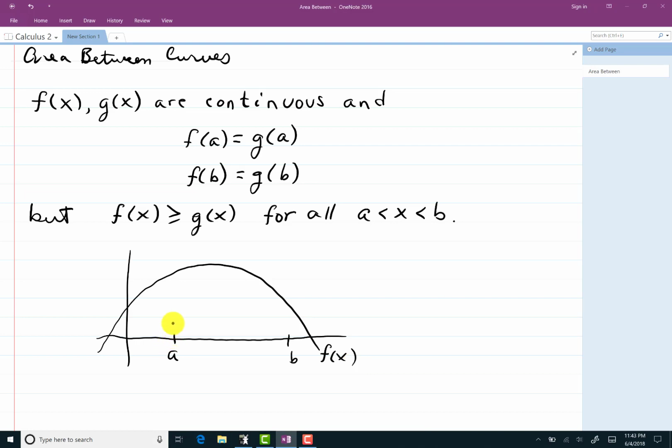And then we have that f of a equals g of a, so let me make that happen here. And we'll say this is g of x. So we have f of a equals g of a, and f of b equals g of b. I want the area between them. So I'm looking for the area in here.